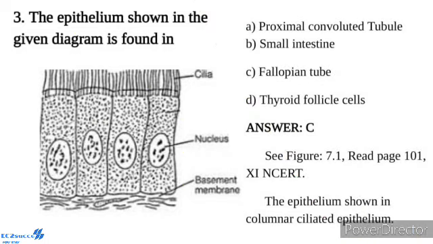Third question. The epithelium shown in the given diagram is found in. Shown in the diagram, simple epithelium, columnar cells bearing cilia. So the simple ciliated epithelium.